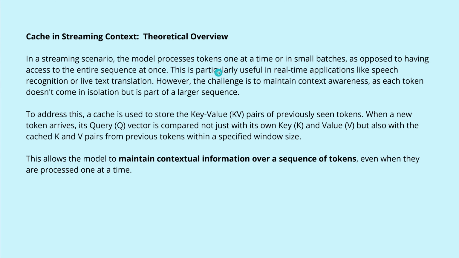If you want it a little more precise, we have a short theoretical overview of the cache in our streaming context. You can read it yourself if you want a better feeling. It's about the stored key value pairs of previously seen tokens. Whenever a new token arrives, its vector is compared not just to its own key value, but also with the cached key value pairs from previous tokens within a specified window size. And the previous tokens are our previous question-answer pairs from the past.